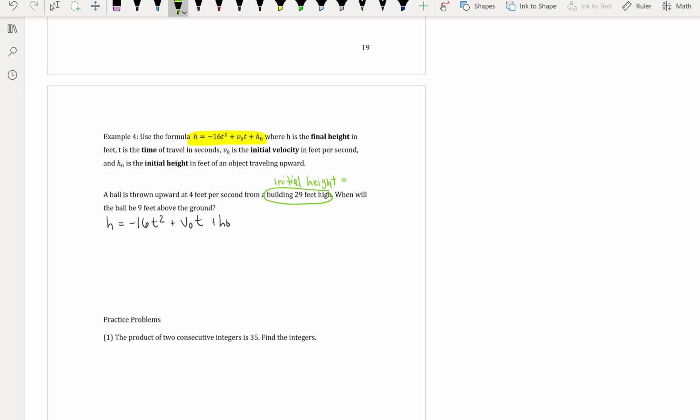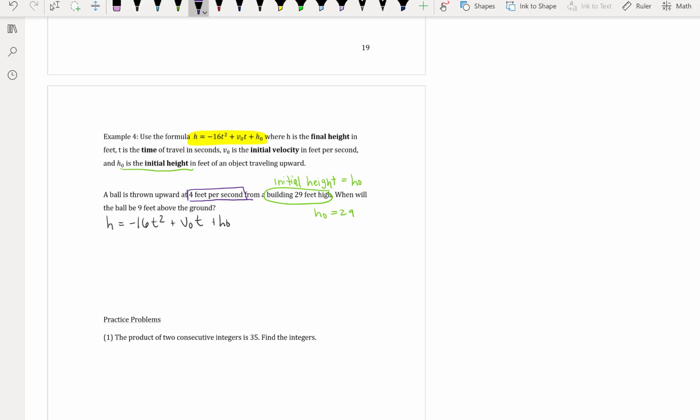So the initial height says it's h naught. So I have that my h naught is equal to 29. Perfect. Now it says a ball is thrown upward at 4 feet per second.